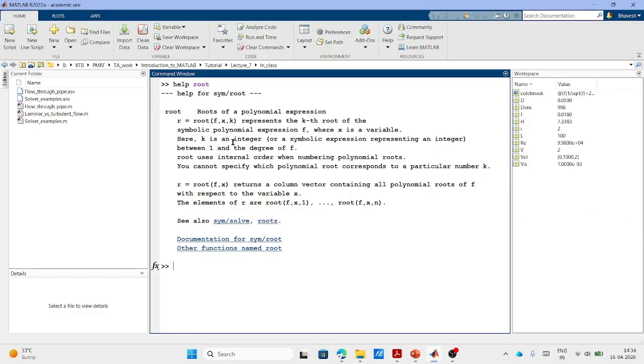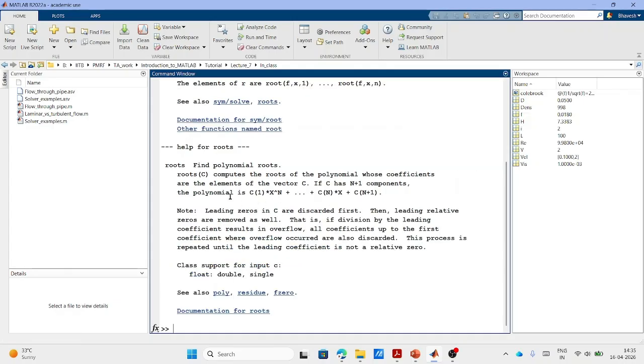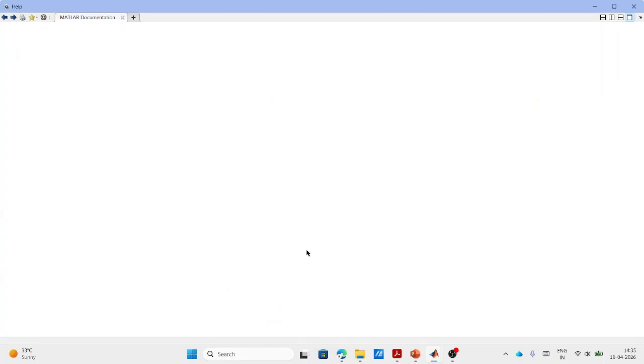This is how it works: you have some polynomial where you have a coefficient for x to the power n, up to the n plus 1 coefficient, and then you can call this roots command in this manner.